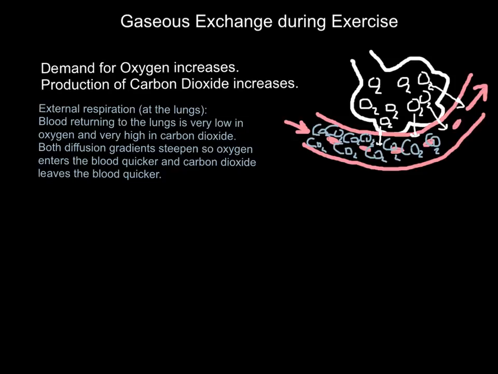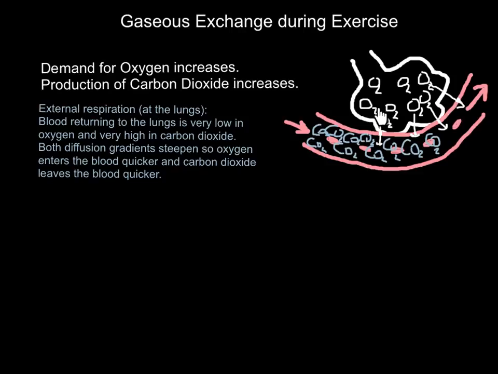So what we've got is a really high concentration of oxygen because your tidal volume has increased, your breathing frequency has increased, so there's more oxygen in the alveoli, and there's virtually none or none at all in that blood. So we've got a very steep gradient, very high partial pressure, no partial pressure or very low.